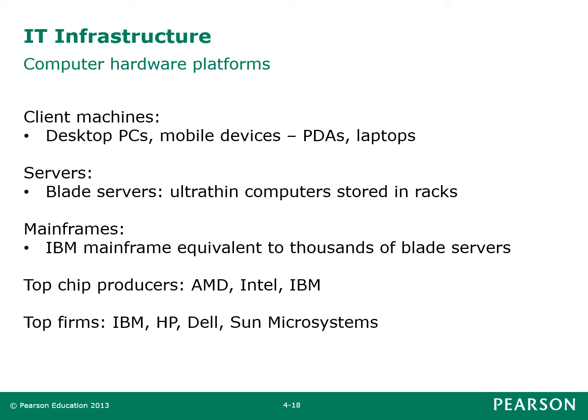It is an ultra-thin computer stored in so-called racks. Mainframes, we have already learned what a mainframe is, and we see here a list of producers and firms delivering this hardware. That's just for your information.